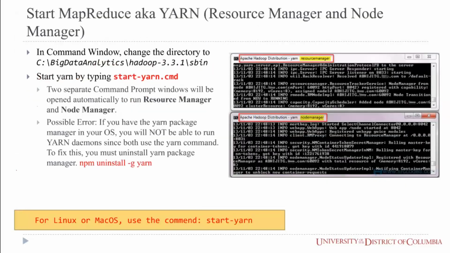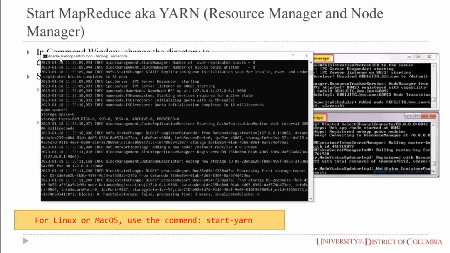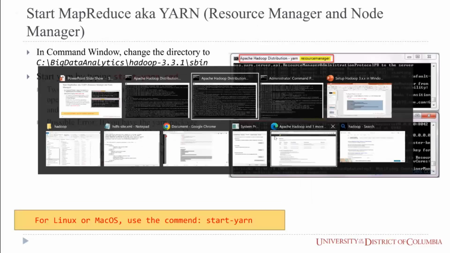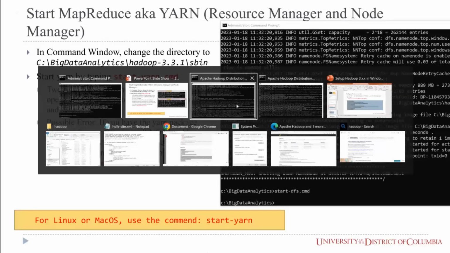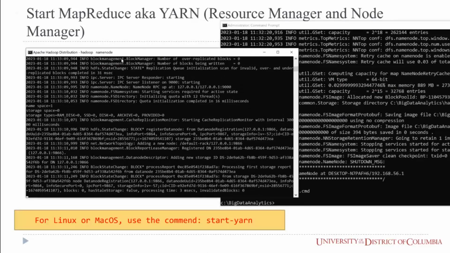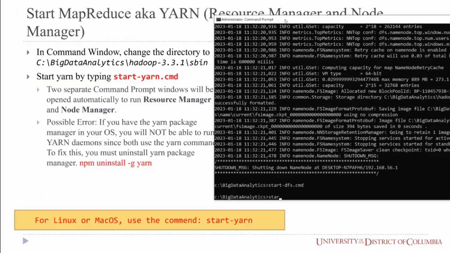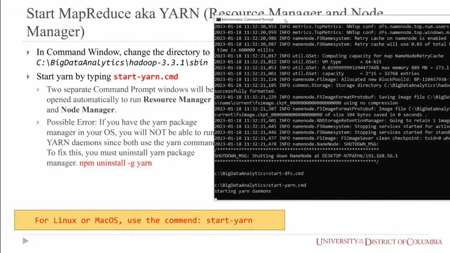Also, the second part: when you're trying to do the Hadoop computation work, then you need to start YARN. So go back to the original window. Try not to terminate this automatically popped up terminal window. Then you need to enter start-yarn.cmd.